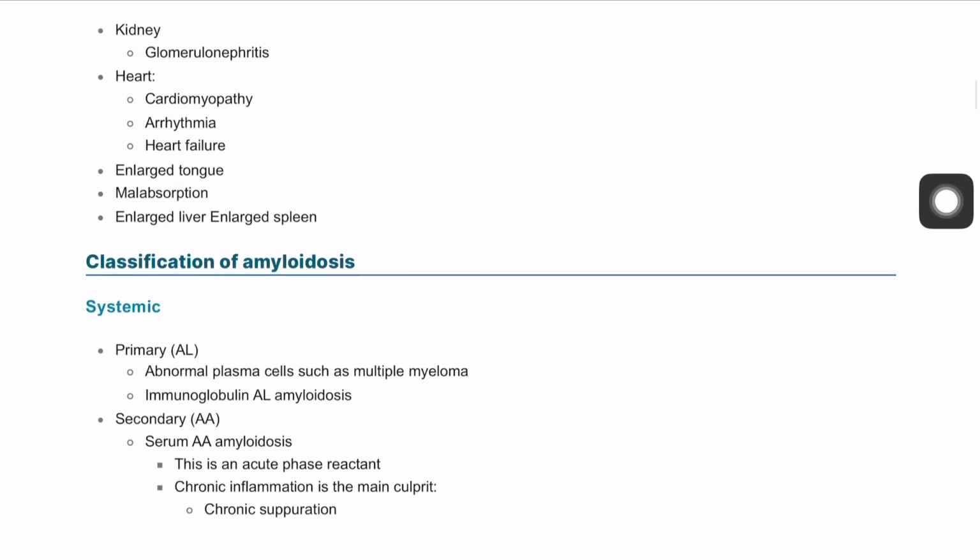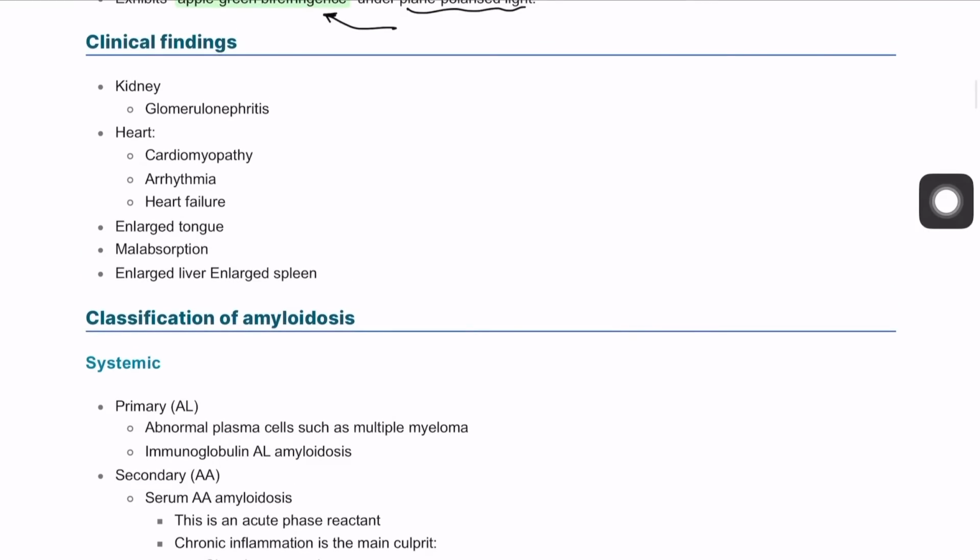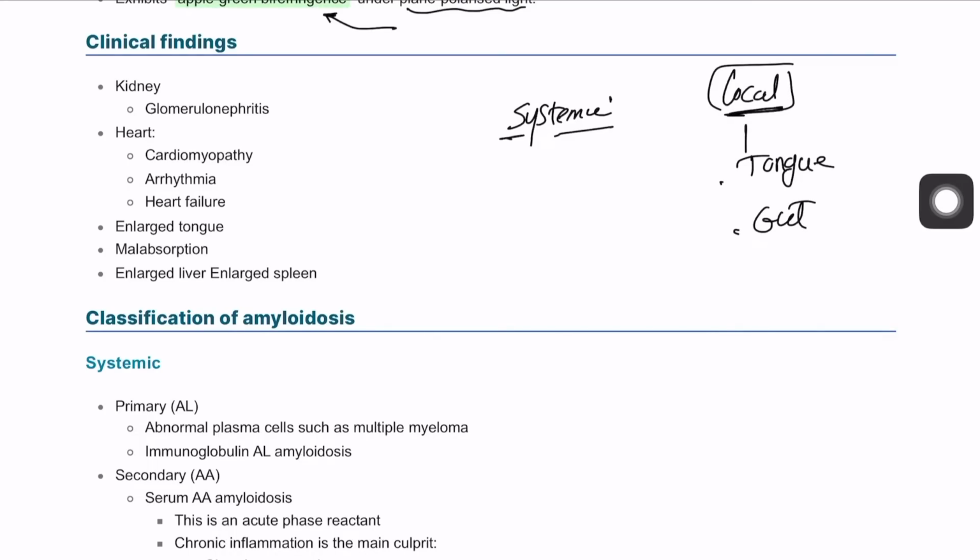The classification of amyloidosis could be systemic amyloidosis and localized amyloidosis. Localized amyloidosis, like we mentioned, can happen in the tongue or in the gut, leading to malabsorption.